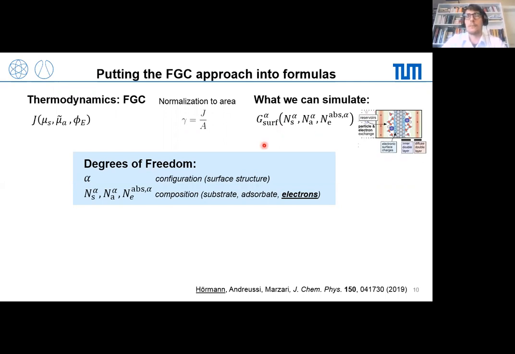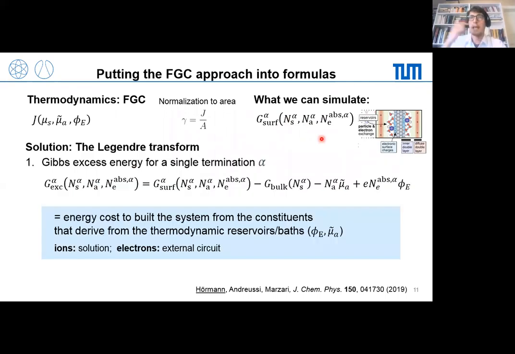Here, my naming convention: alpha would be a certain interface configuration, and these n's describe the composition of our interfacial system. In particular, we will also treat the electrons as an independent degree of freedom in this fully grand canonical approach.